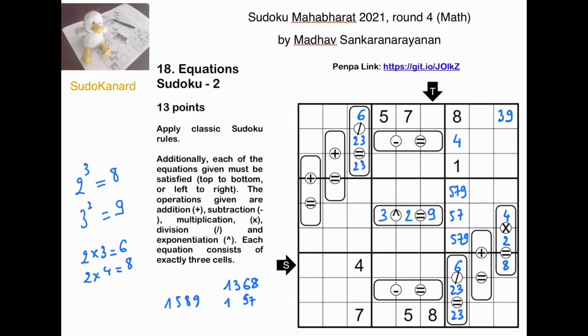So we get this and that. And this sum can't be 8, can't be 6. So this can't be 5 or 7. This digit can't be 5 or 7 because the result then would have to be 6 or 8. So this digit must be a 1.